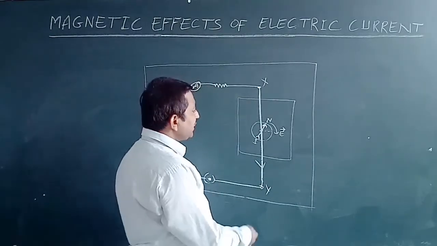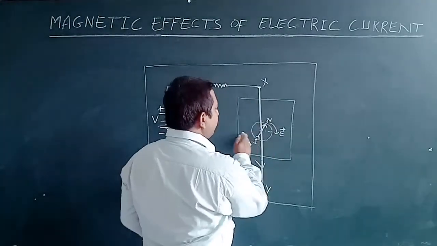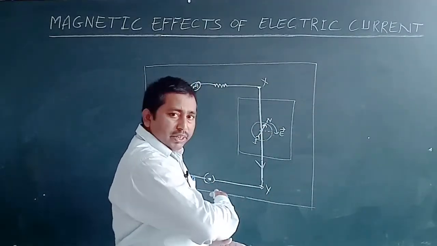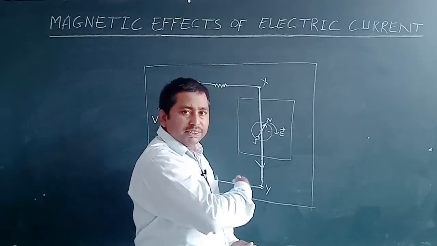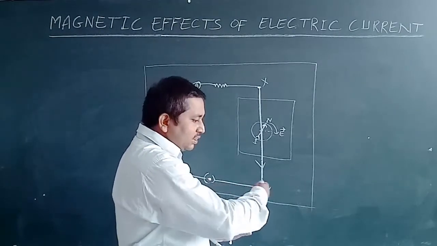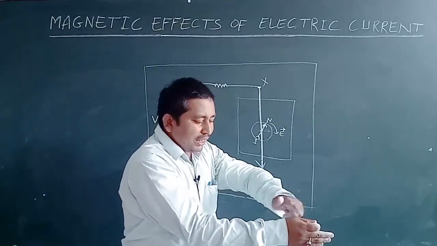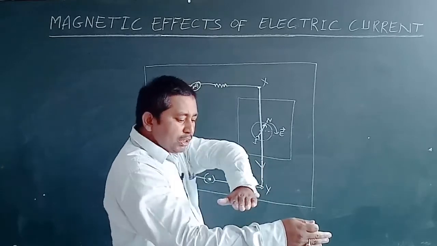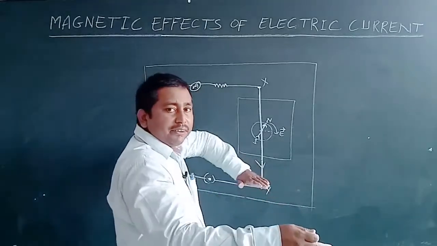The east direction is just perpendicular to the current carrying conductor. The magnetic needle moves like this, and the line of the magnetic needle becomes just normal to the direction of the current carrying conductor.